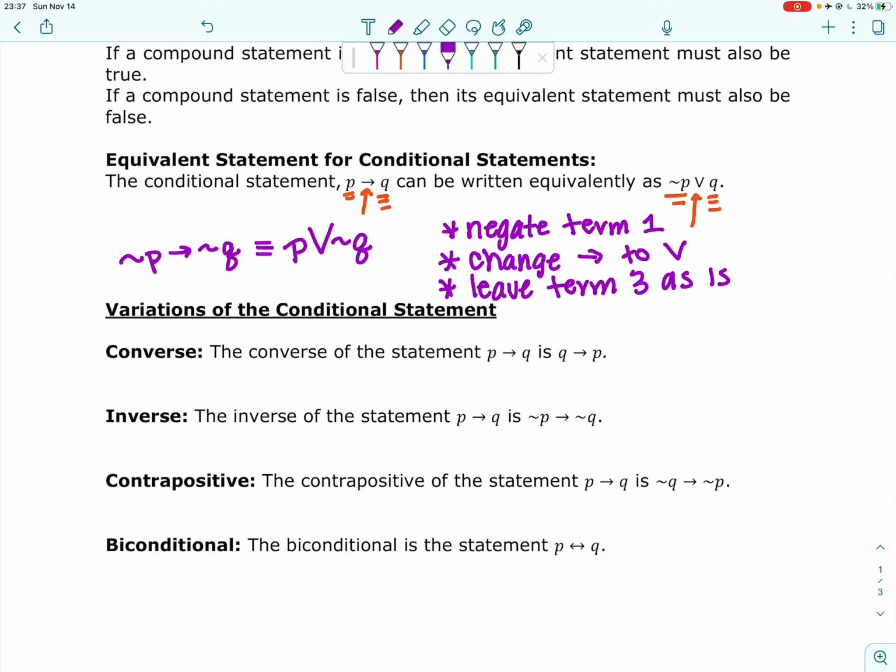Looking back at the original, which is if P then Q, you negate the P and the Q. The contrapositive of if P then Q is not Q, then not P. So you flip-flop them and you negate them. And then the biconditional is P if and only if Q.